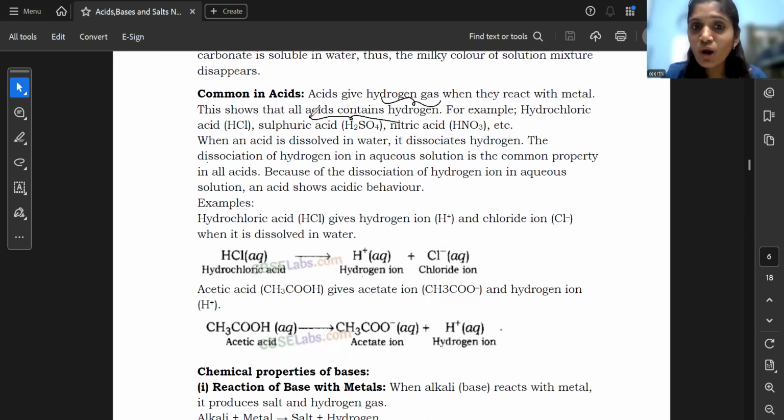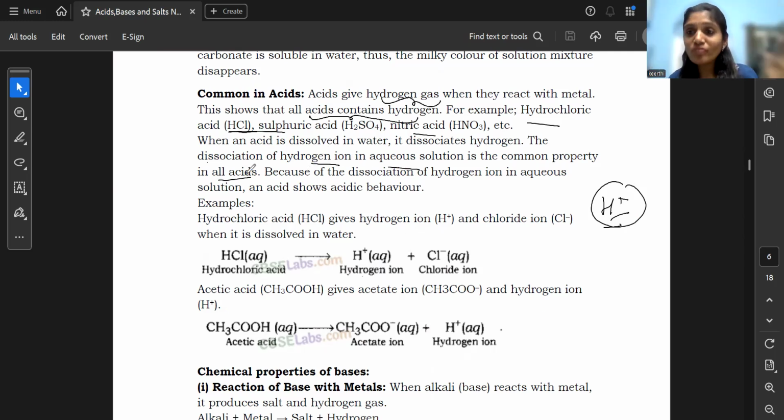This proves that all acids have hydrogen. If acids on reaction with metal are giving hydrogen, doesn't it prove that all the acids should have hydrogen? Clear? And that hydrogen is in the form of what? H plus. Clear? The dissociation of hydrogen ion in aqueous solution is the common property in all acids.